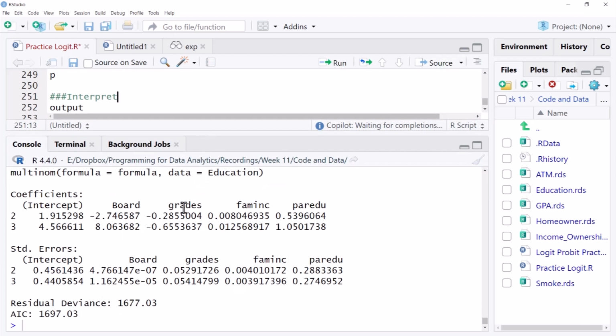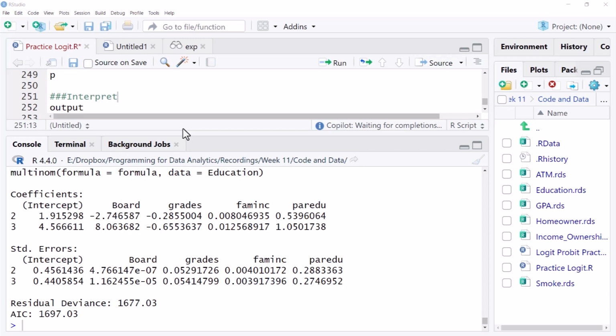To summarize the output, let's look at the grades variable. Both coefficients are negative. Looking at choice two, taking a 3-year undergrad versus no undergrad, on a 13-point scale, if your grade increases by 1 unit, your choice to go ahead with the 3-year undergrad decreases, with a 28% decrease in the odds ratio versus choice one, no undergrad.